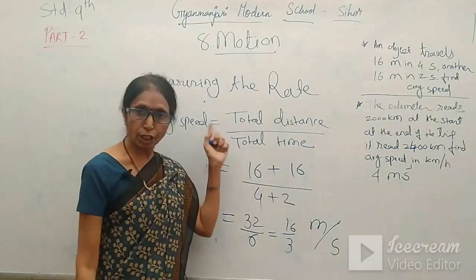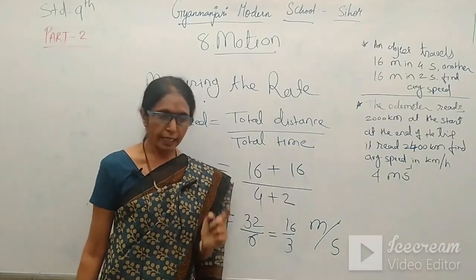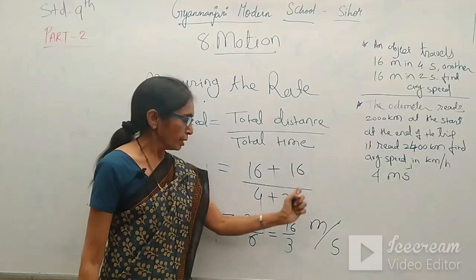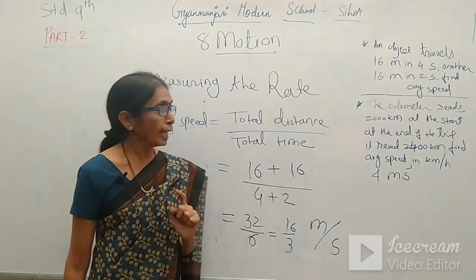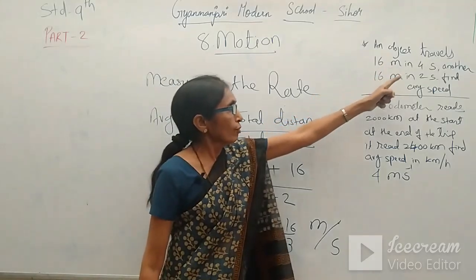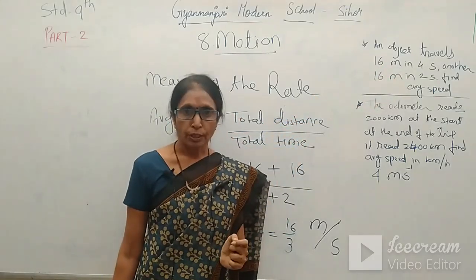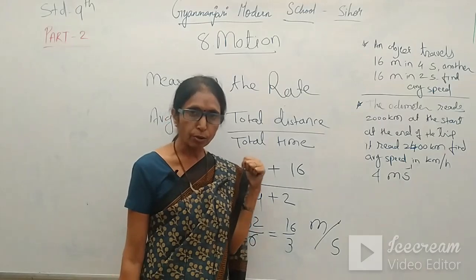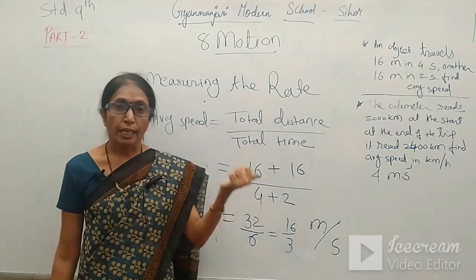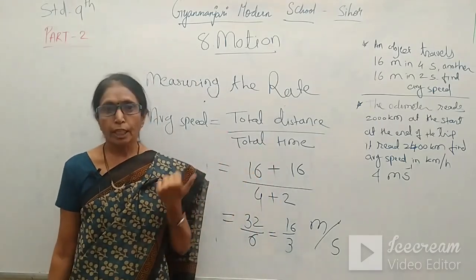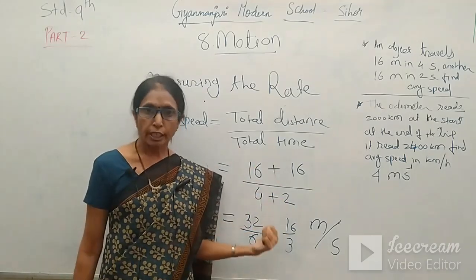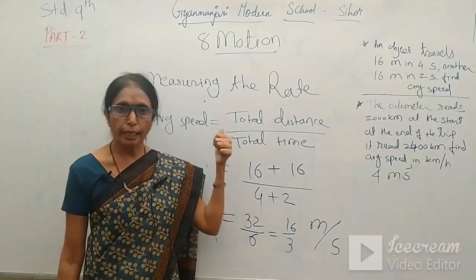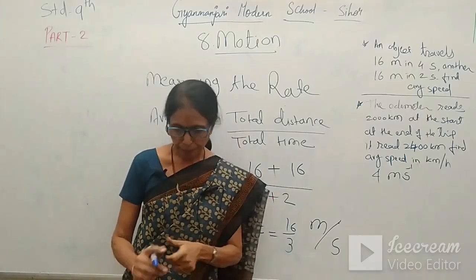So the average speed of the object is 16 upon 3 meters per second. Don't do it like 16 upon 4 plus 16 upon 2. This is the wrong way. We have to find the total distance in the numerator divided by the total time taken, and this ratio gives us the average speed of the object.